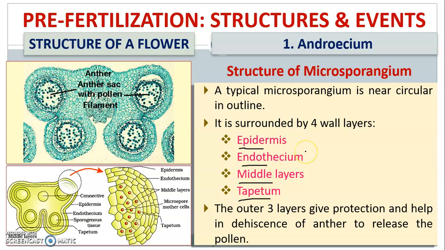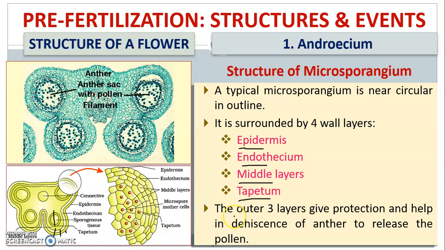So these are the four wall layers which are present in the microsporangia. So in this slide you can see the outer one, this one is the epidermis, then this one is the endothecium, now the middle layer, and this wall is the tapetum.